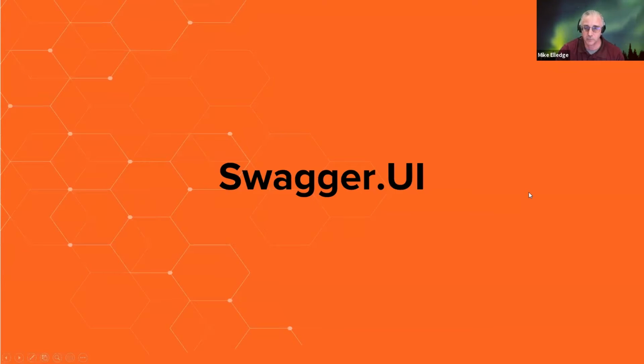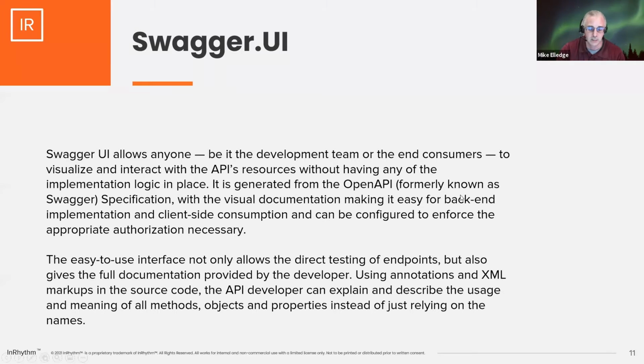Okay, so once you go through the tooling and do all your work, the output for this is a really cool UI called Swagger.UI. Swagger.UI allows anyone, even Wei-Fei, to go through and test the endpoints without actually knowing anything about what the RESTful API does on the back end.